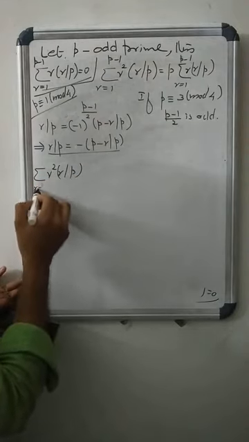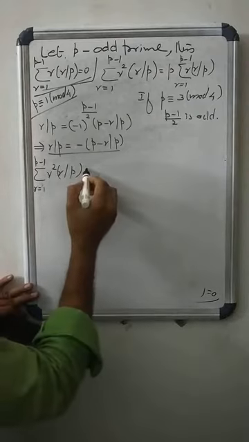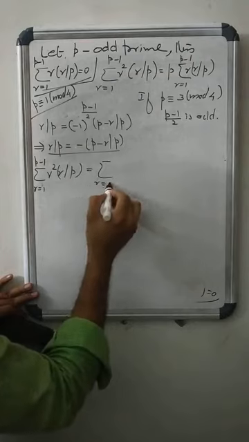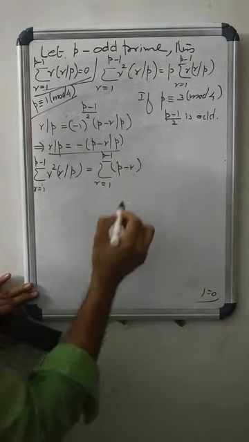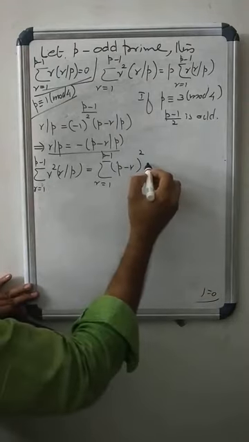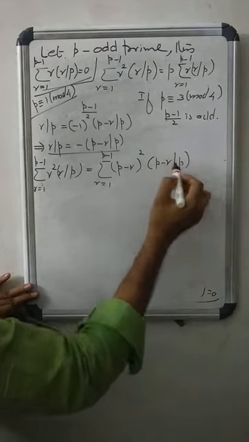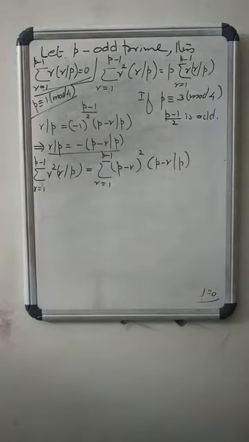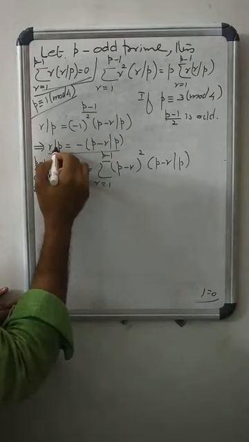Okay. Now, what about sigma r square into r by p? Sigma r ranges from 1 to p minus 1 of r square into r by p equals sigma r ranges from 1 to p minus 1. You can replace r by p minus r, since r and p minus r run through the same numbers. P minus r whole square into p minus r by p. But what is p minus r by p? That is minus r by p.